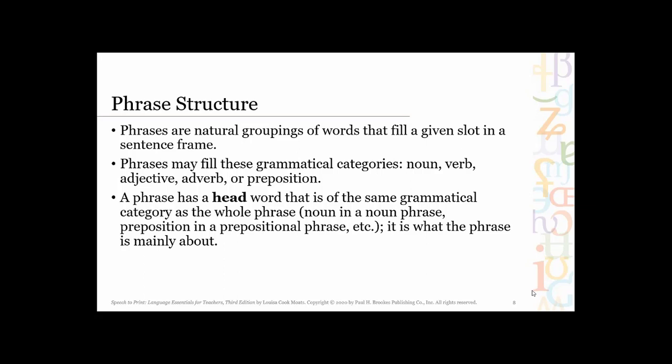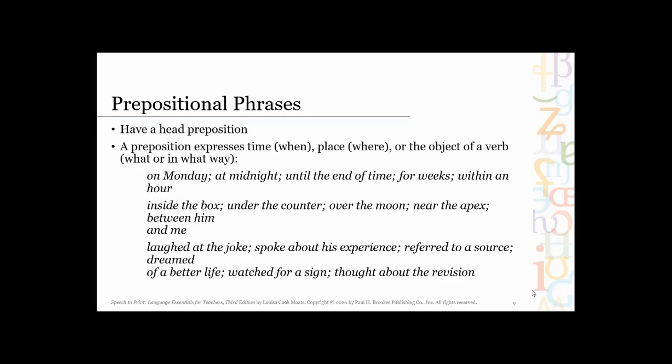So that would be a noun in a noun phrase, a preposition in a prepositional phrase, etc. It's what the phrase is mainly about. So remember that prepositional phrases each have a head preposition. A preposition expresses time, place, as you can see in these examples, or object of a verb. This slide does show some of those examples.